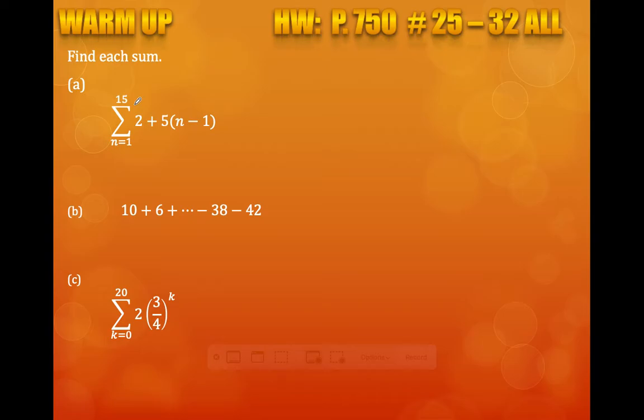Okay? So, that being said, if you want to pause and do this warm-up on your own, or if you want to go ahead and just watch it with me, hopefully with some exposure to the summation notation here, this capital sigma, you understand that you're looking at the rule or the pattern, right?